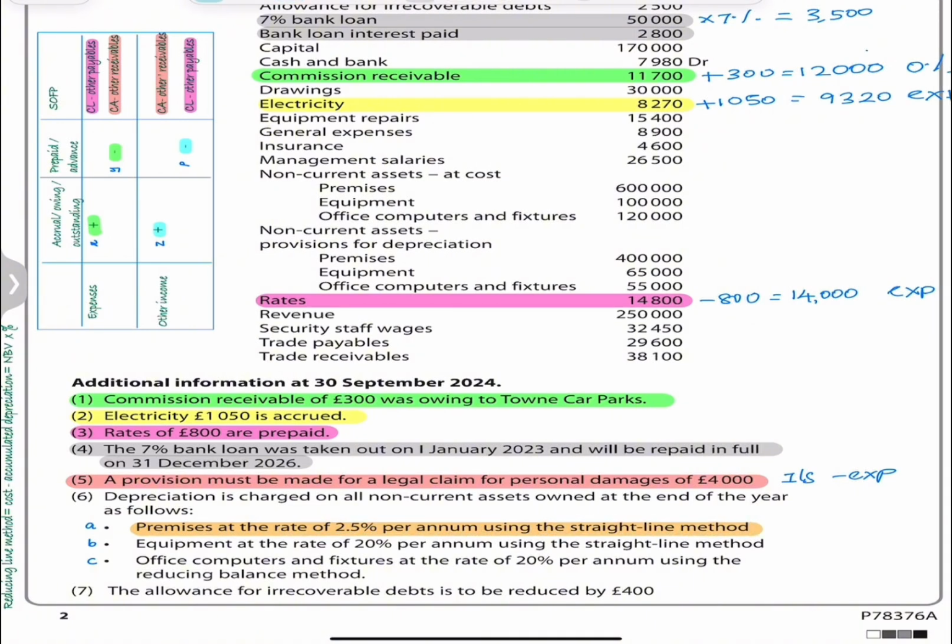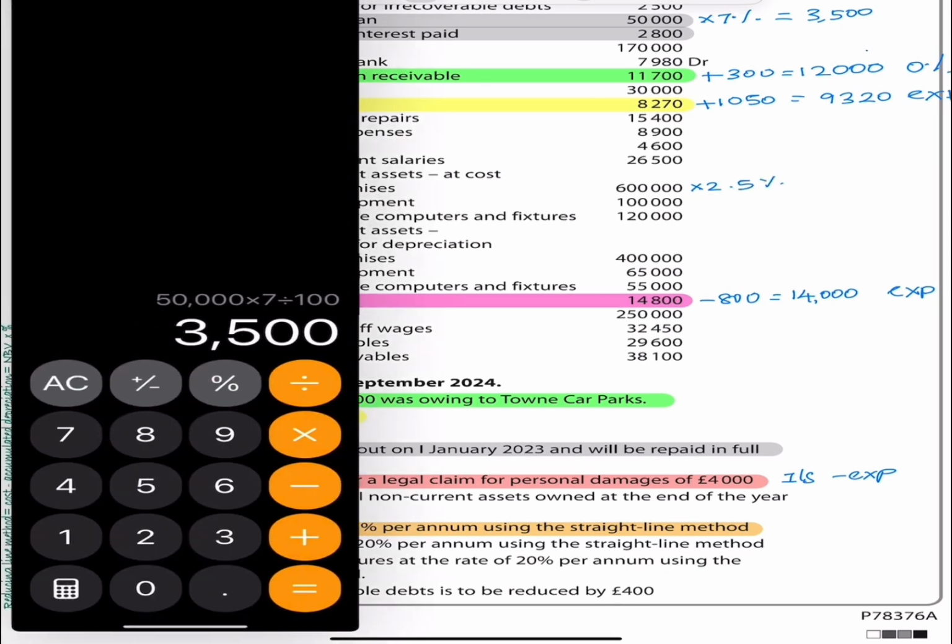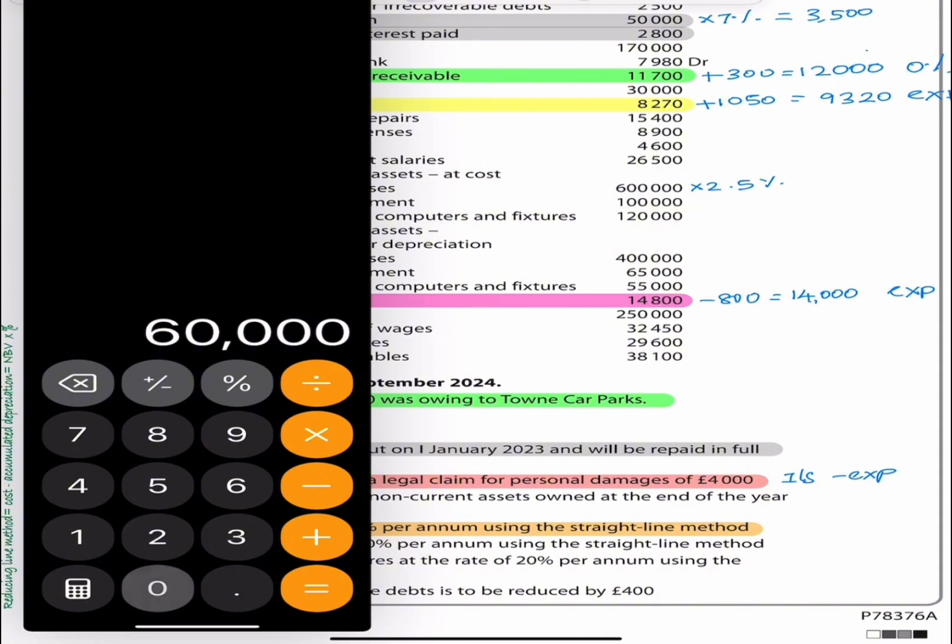So you calculate 2.5% of premises. That is 600,000 into 2.5 over 100, which should give 15,000. This should go under expenses.